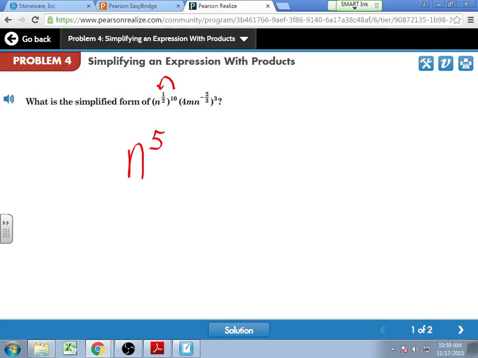Then multiplied, and then you distribute the 3 to all three of those. 4 cubed times m cubed, because m was just the power of 1, times n to the negative 2, because the 3 on top and bottom would cancel each other out when I do that multiplication.